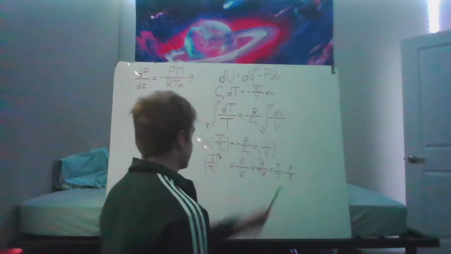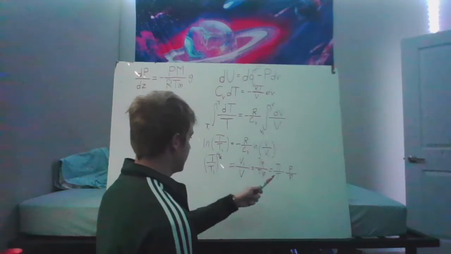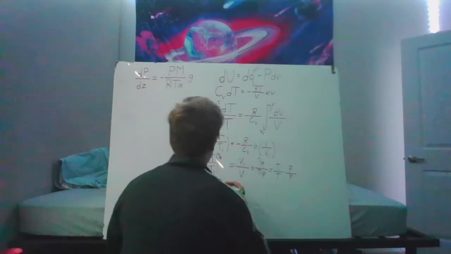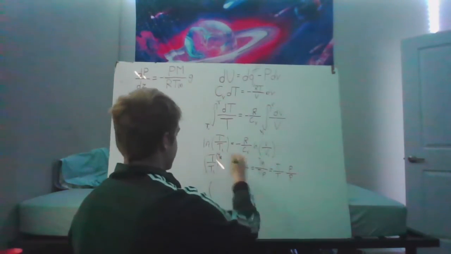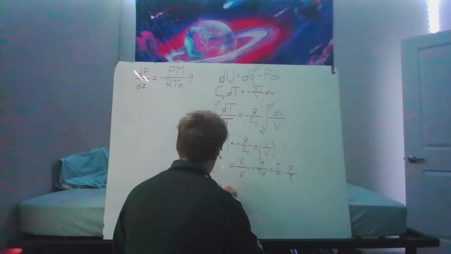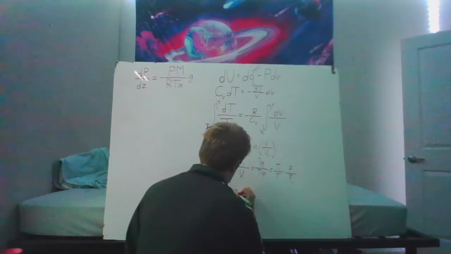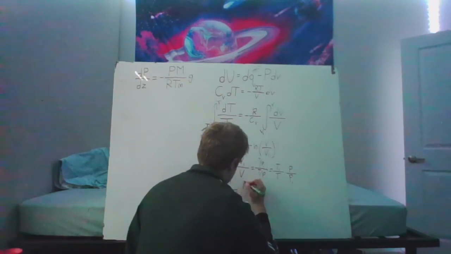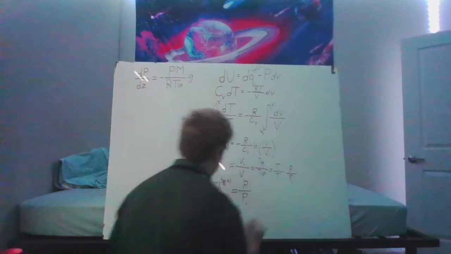So now we can multiply this over to the other side, and that will just add 1 to this exponent, since we're just adding another T over T1. So it'll be T over T1 to the CV over R plus 1 is equal to P over P1.